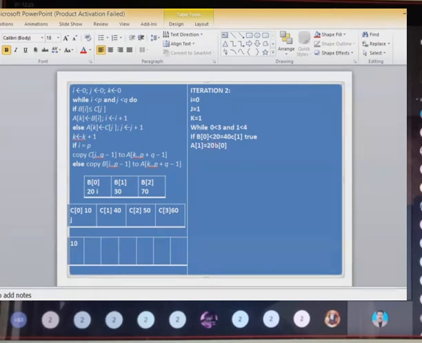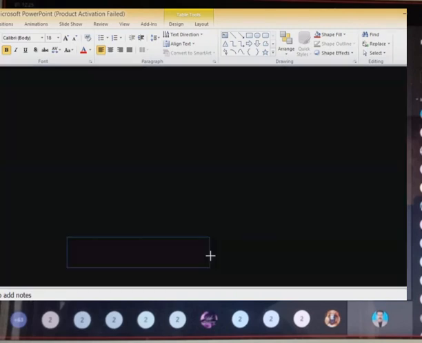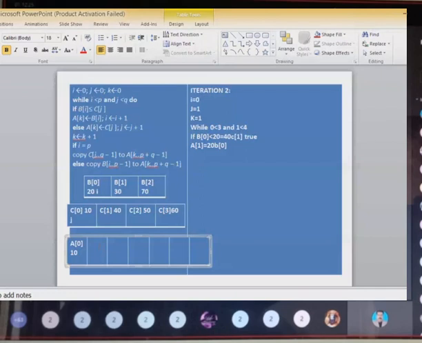Listen, the first position in the output array is A of 0. We already inserted 10 in A of 0 from the first iteration.